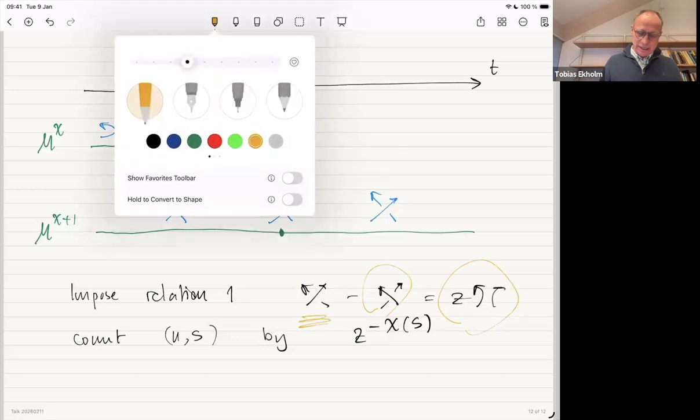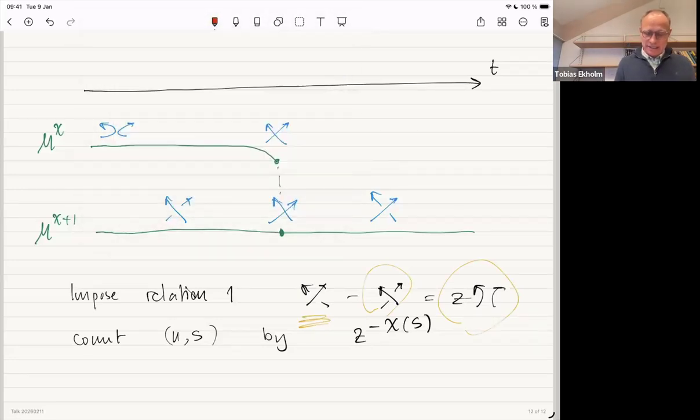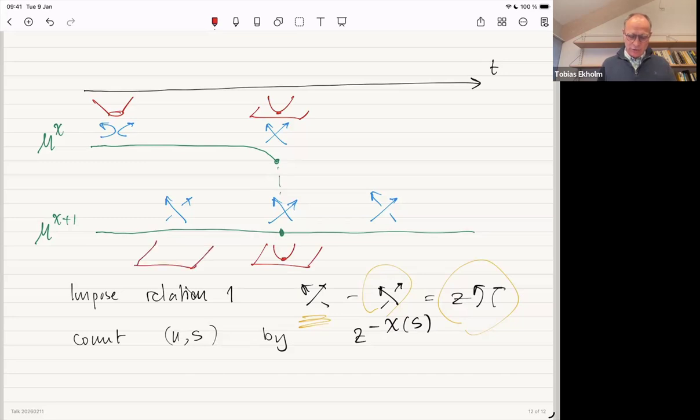So the elliptic version, maybe I'll draw it in red, is exactly the same. So now we have some curve here, and in the middle here, we have this curve that intersects the Lagrangian. It can be viewed as normalization, and it again comes in a one parameter family, which is a little bit hard to draw.